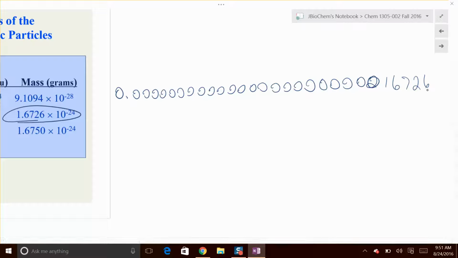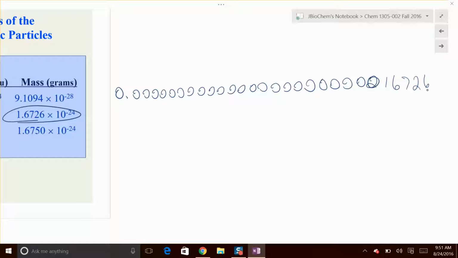That's the mass of a single proton. So you can see we work with stuff that is pretty small when we're talking about atoms. We deal with very small things. And we're going to show you how we're going to take it from a very small thing to something that we can actually conceive of and perceive.